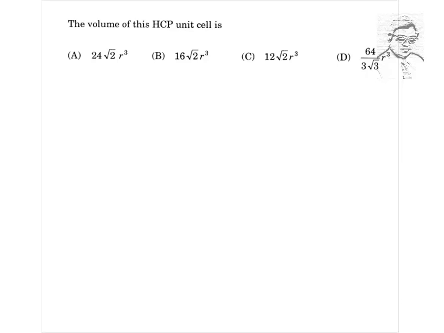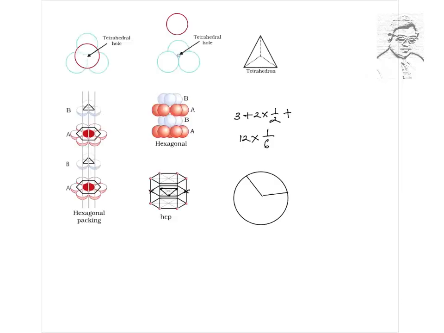It is the base area, which is pi r square, multiplied by the height. In this particular drawing, you have a base area which is the area bounded by a regular hexagon. So that base area we can find, and then we multiply that by the height.